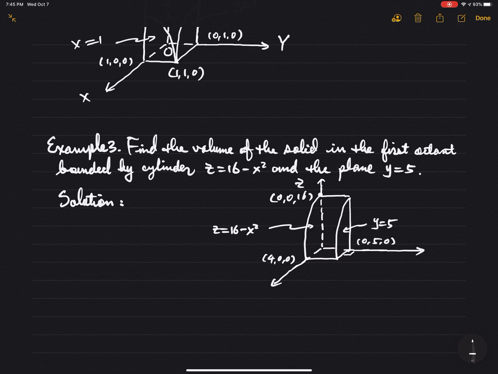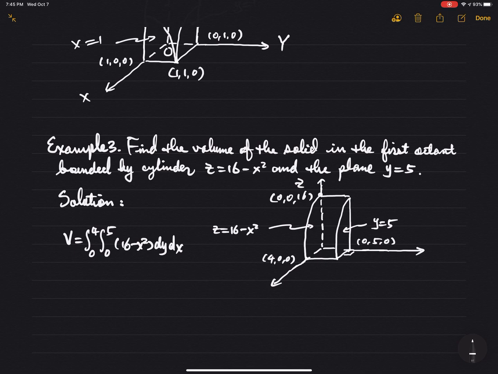Now, the volume should equal what? The volume is the integral with x from 0 to 4, y from 0 to 5, of 16 minus x squared, dy dx.